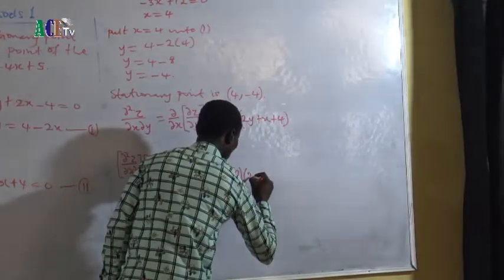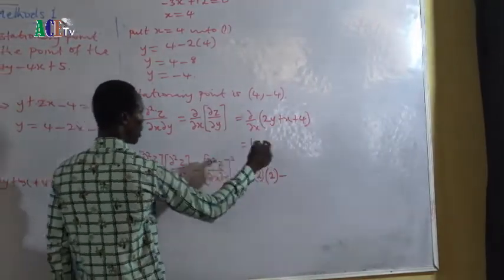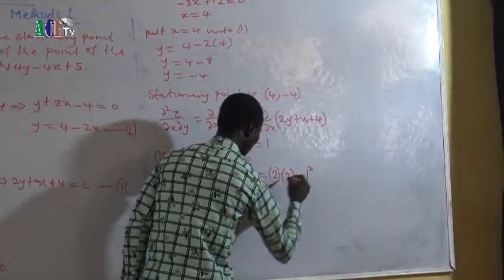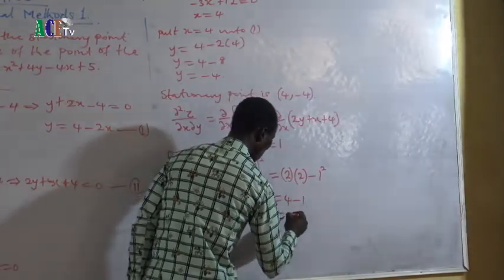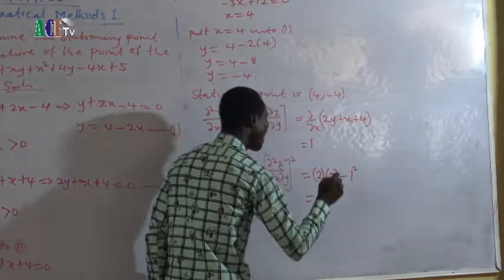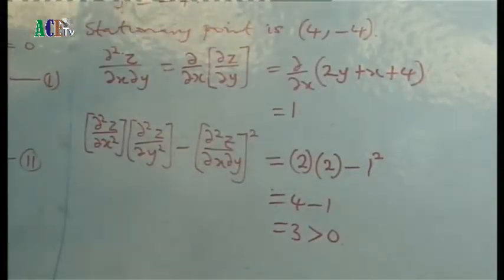Multiply 2 by 2, minus this one, which is 1, squared. That will give me 4 minus 1, which is equal to 3. And look at this 3, it is greater than 0. Can you see that?